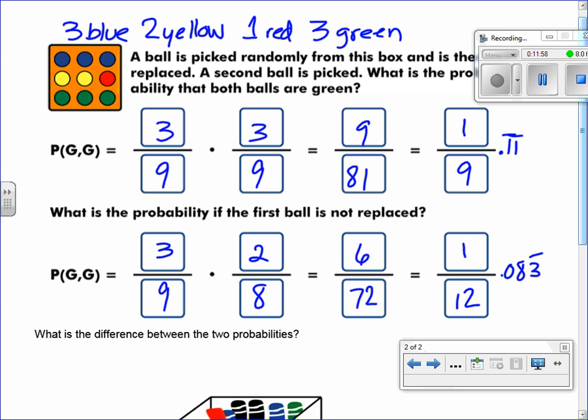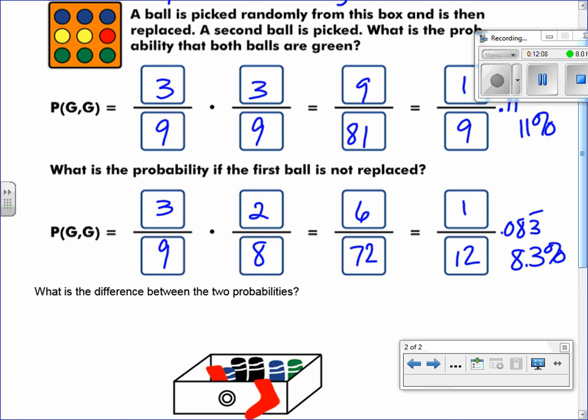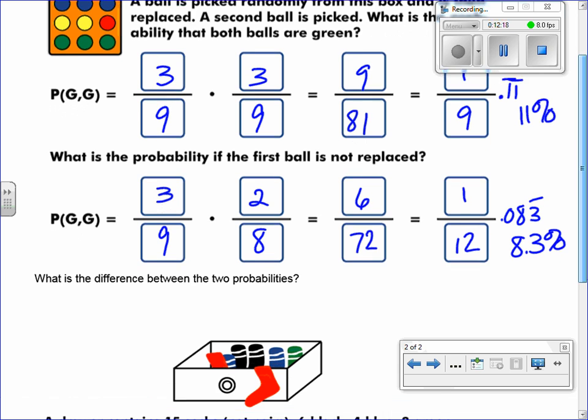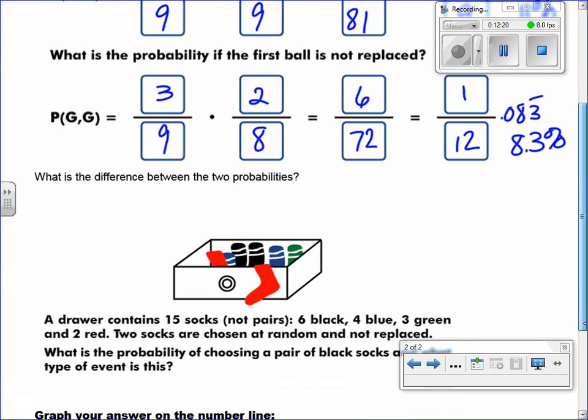So that's going to be 11%, and this is going to be 8.3%. So I would say that the probability when you replace it is actually better than if you don't replace it. Okay. So go ahead and write that here. The probability when you replace it is greater than when you don't replace it.